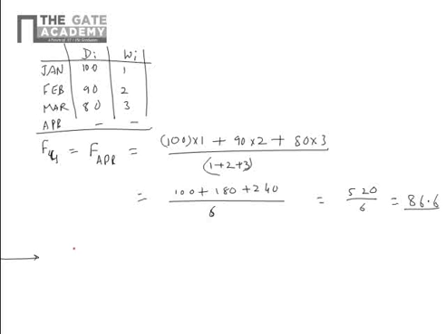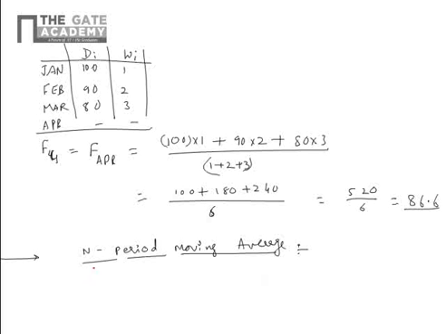So next, there is another type of moving average method, like 3 period moving average, 4 period moving average also. That is actually the n period moving average, where n is the period.